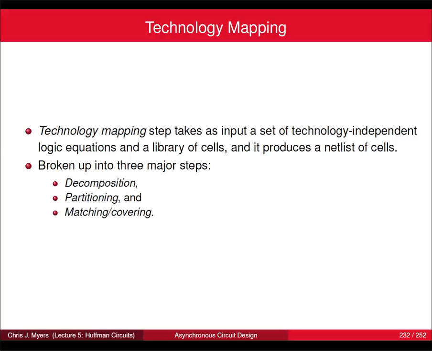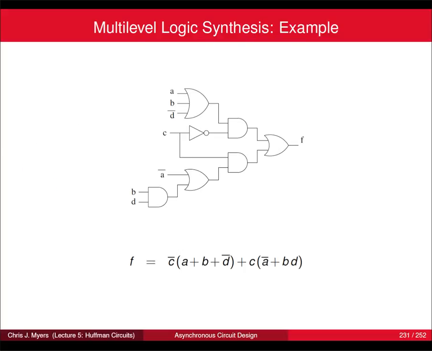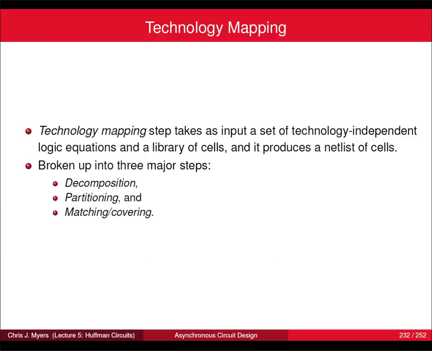Now the next step of logic design is technology mapping. So in this case, when we decomposed it to ANDs and inverters, they're still technology independent, right? These are just logic functions. I haven't said whether you're building them with CMOS, whether you're building them with bipolar or generic gates or whatever, right? I'm just saying that you've got an implementation in a technology independent form.